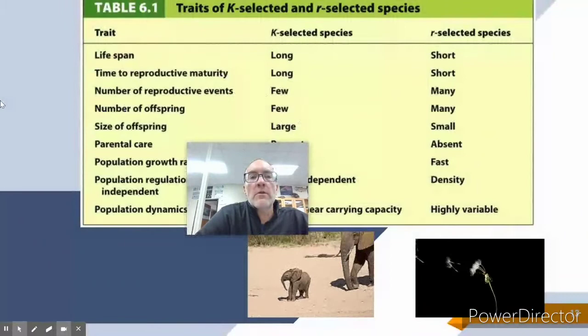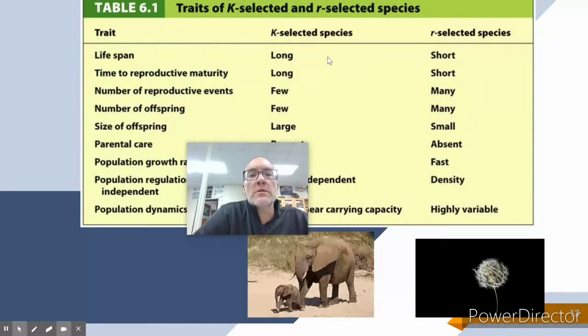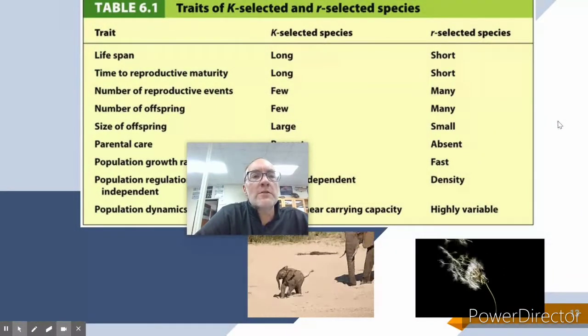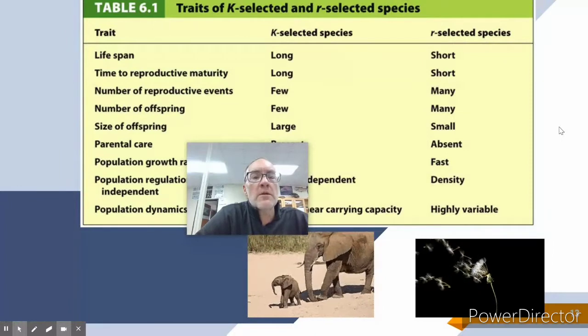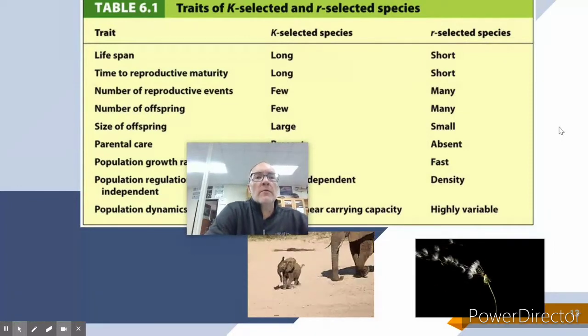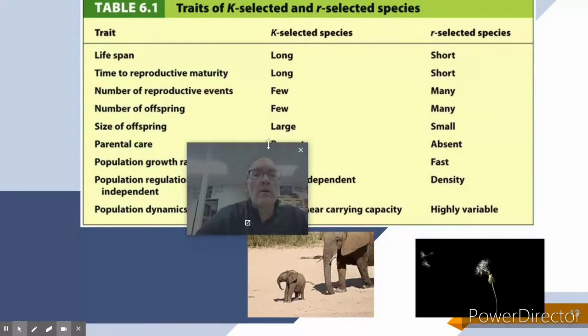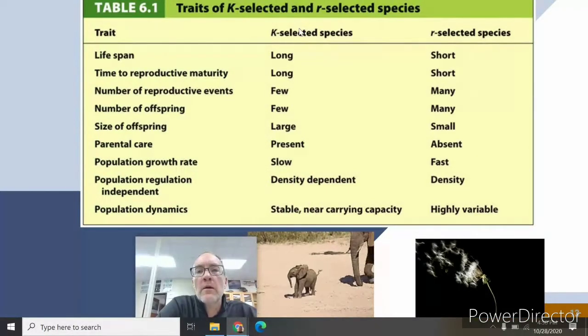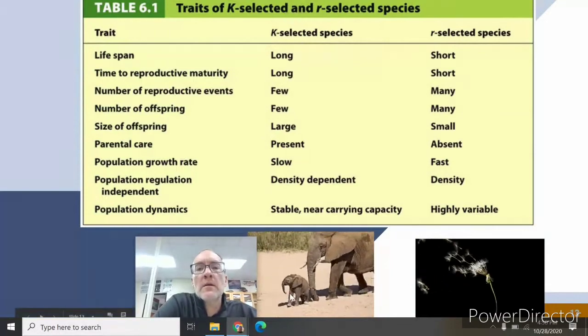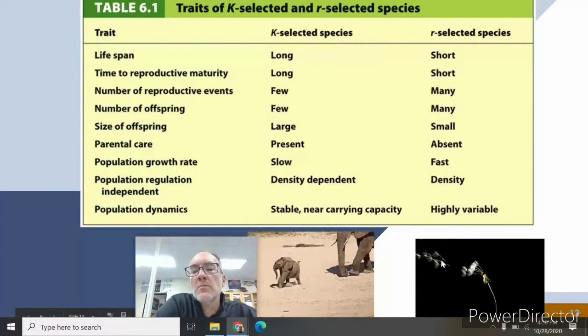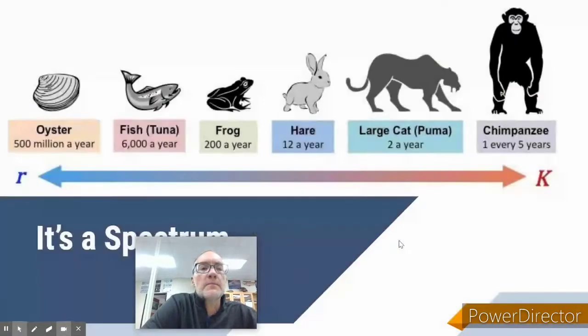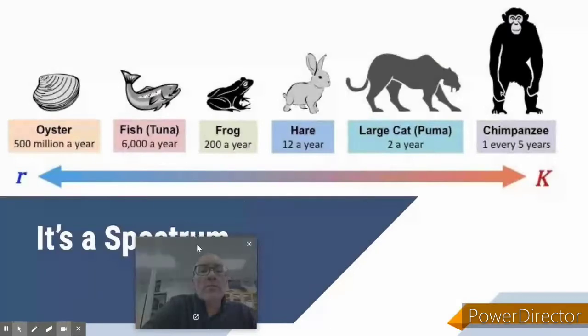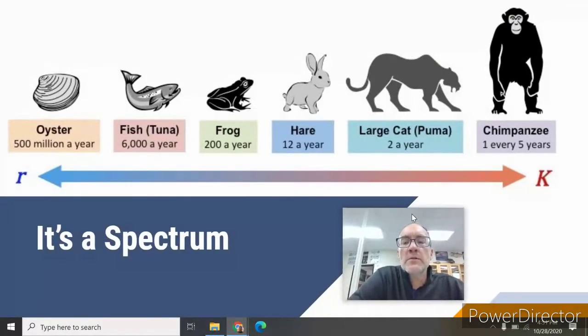All right, so here's a graph table that shows distinctions between the two in terms of life expectancy, reproduction, time to maturity, number of offspring, size, parental care, and growth rate. So you can take a look at that. Think about our elephant again is K-selected, and an R-selected example here, dandelion. Realize that much like what we talked about with generalist and specialist species, there is a spectrum.